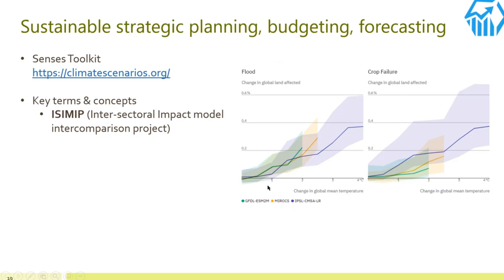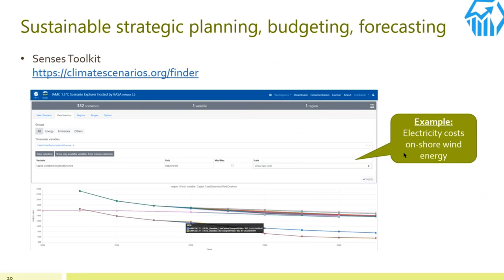Here on this axis you see the expected climate change, and then you can assess what it means for the number of floods, for the number of crop failures, and so on. All of this can be extracted from this climate scenarios toolkit. So there's really a database that you can tap for free to get an idea about different scenarios and how things can develop.